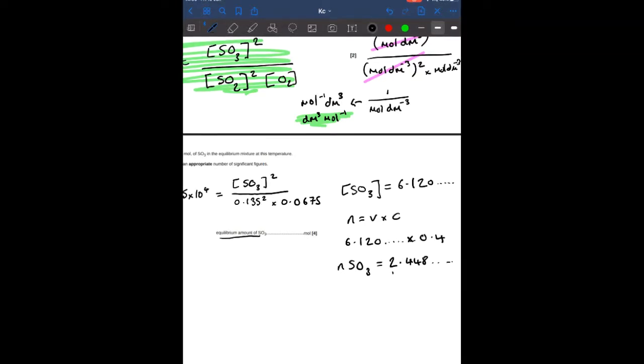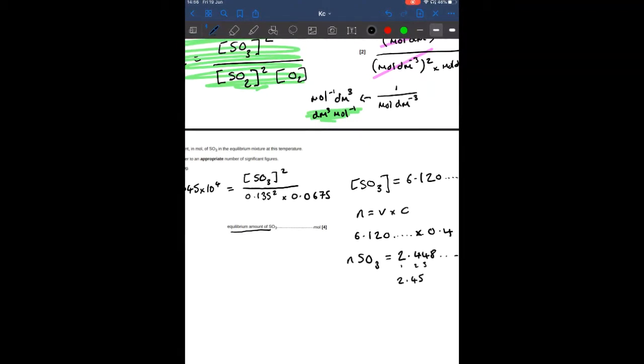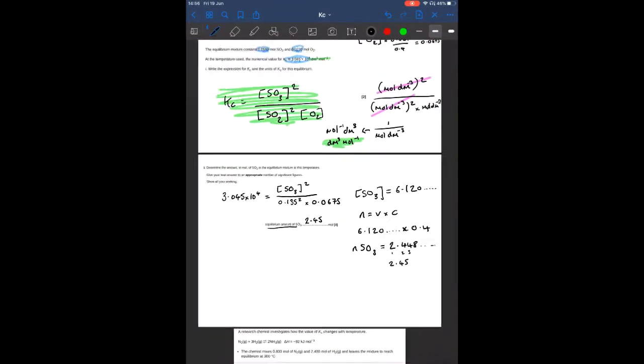So we've got 1, 2, 3 significant figures. We discussed that earlier. So we've got 2.45. That's our answer. 2.45 moles.